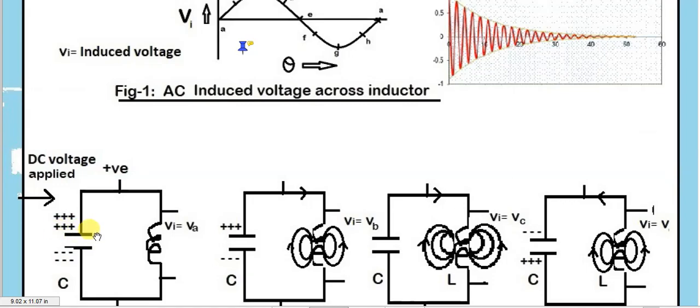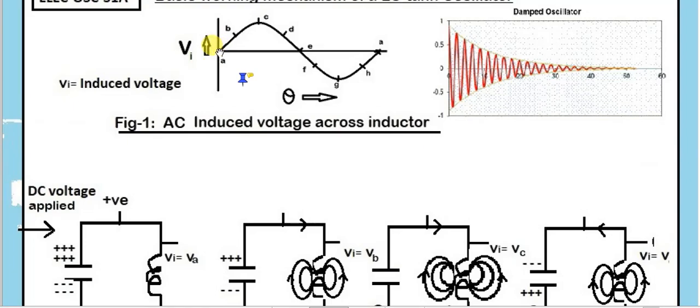The plates are empty, so they offer zero impedance or zero reactance, and the DC voltage exponentially charges this capacitor to its peak value. During the charging, till the capacitor is charged, the output VA is equal to 0. You can see here the point A is at 0 voltage.